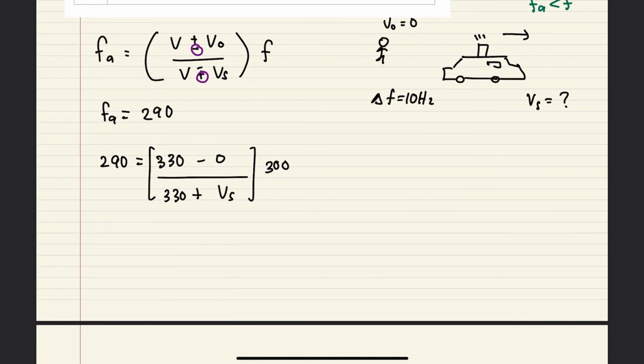Okay, so basically 290 divided by 300. Okay. And then 330 divided by that number. Okay, I got here 330 plus Vs is equals to 341.379. So your Vs is equals to 341.379 minus 330. Got here is 11.38 meter per second.